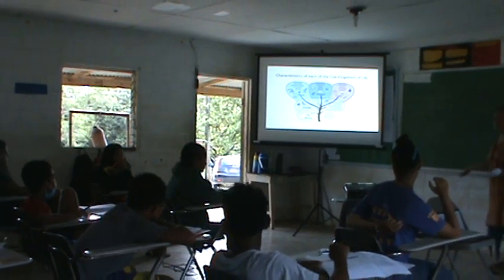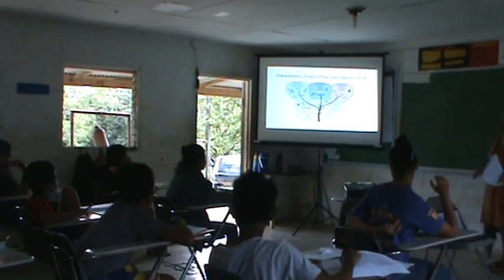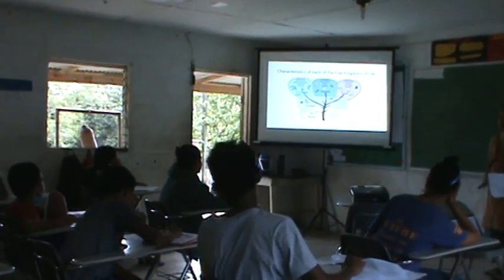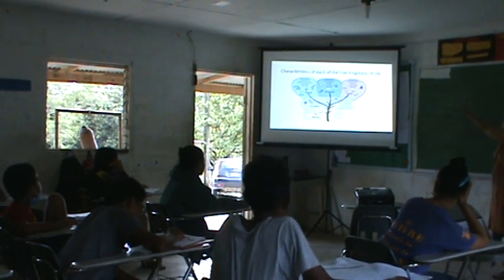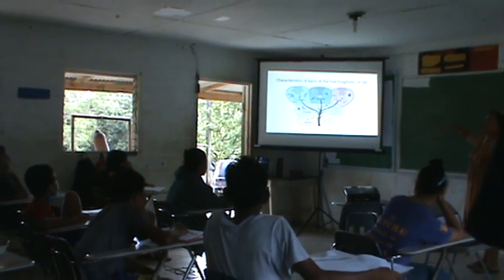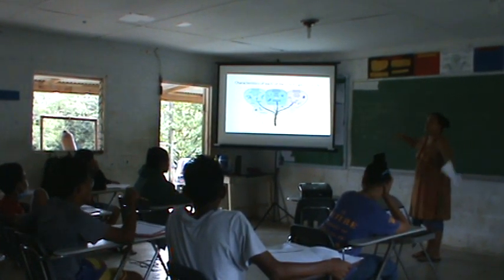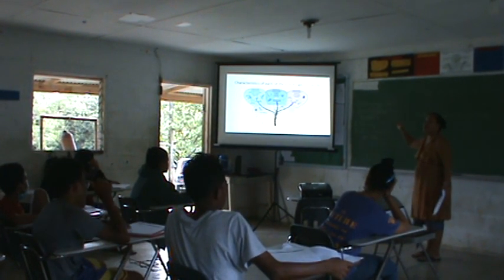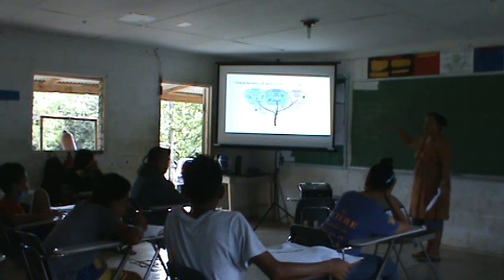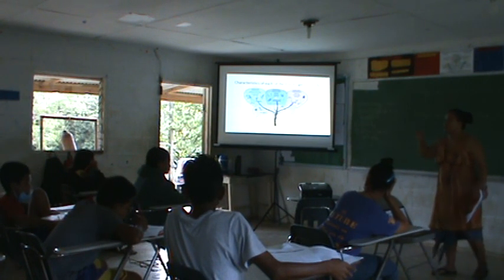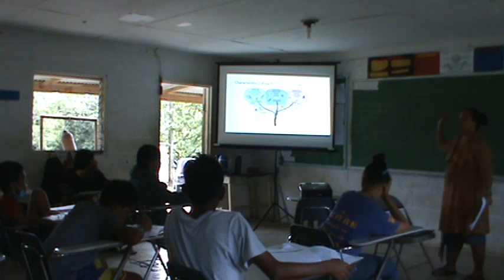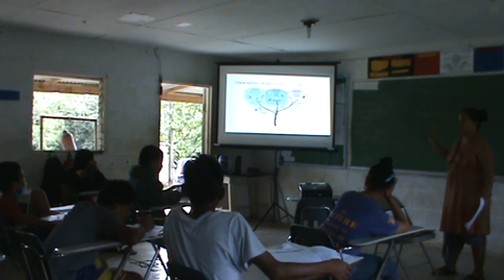Some of them make their own food, some do not. Some of them move around. Mostly what's here are their general characteristics, but we'll talk specifically in the next slide about each kingdom. Any questions? No. They are all living things.